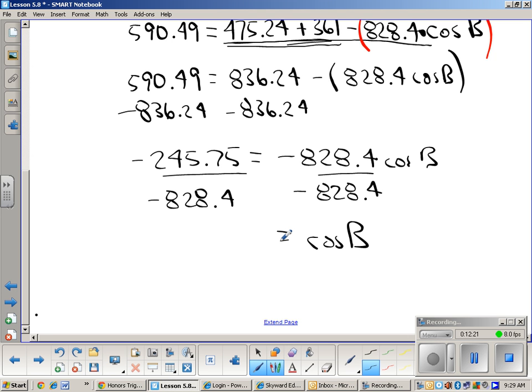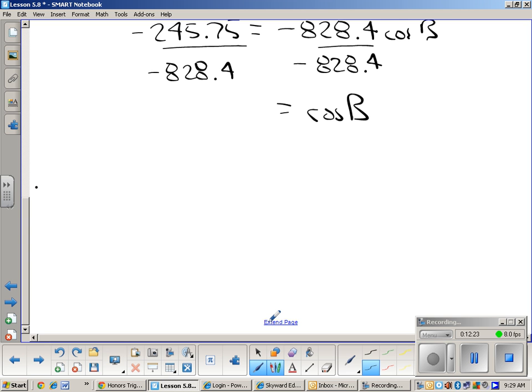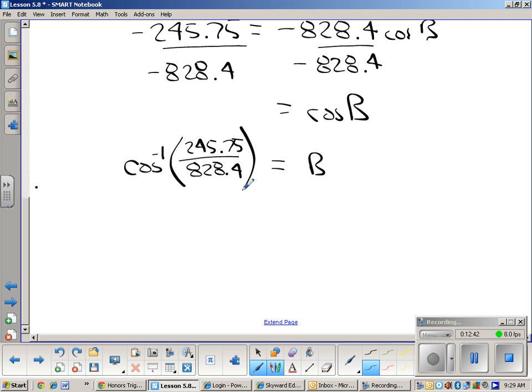Let's not do that, because we're going to have to round, right? We don't want to round. So we're going to say B is equal to the inverse cosine of 245.75 over 828.4. Did I accidentally or intentionally leave my negatives off?